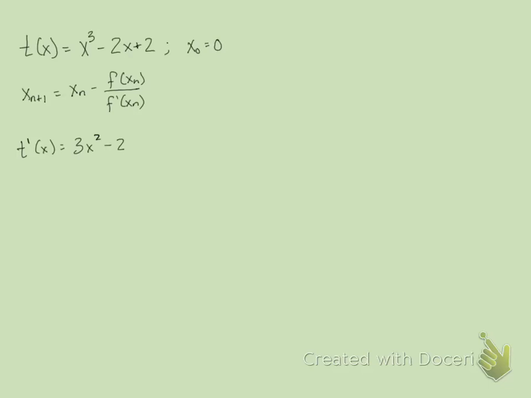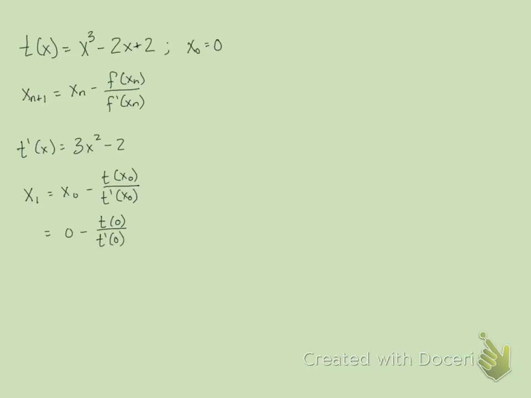And we have that x sub 0 equals 0. So that means that x sub 1 is going to be x sub 0 minus t of x sub 0 over t prime of x sub 0, or 0 minus t of 0 over t prime of 0.